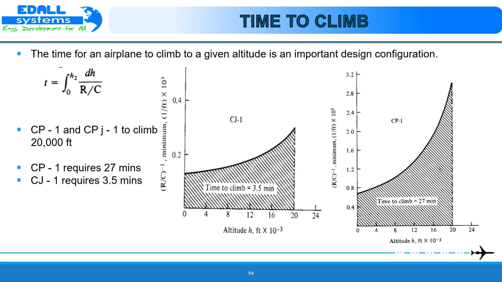For the CJ1, which is plotted here, the resulting area gives the time to climb as 3.5 minutes. Note that the CJ1 climbs to 6096 meters in one-eighth of the time required for the CP1. This is to be expected for a high-performance executive jet transport in comparison to a propeller-driven piston engine counterpart.